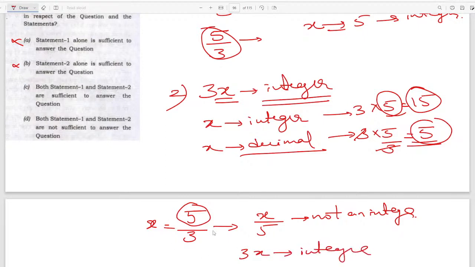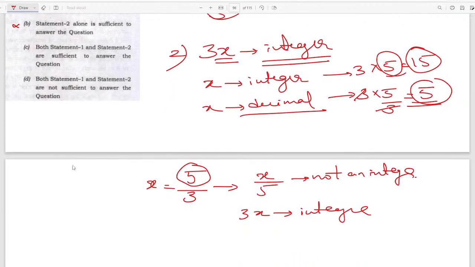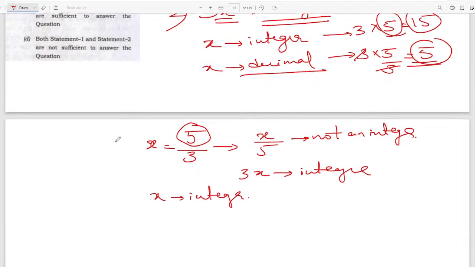Here x is an integer. But I'll show you x can also be a decimal.